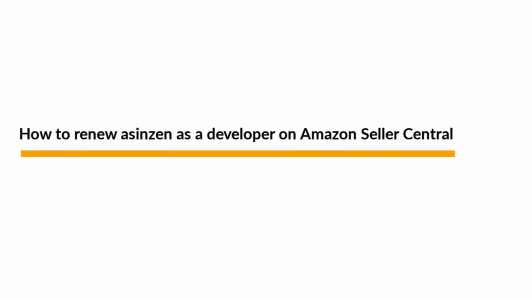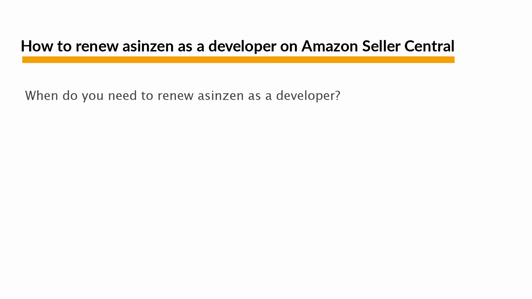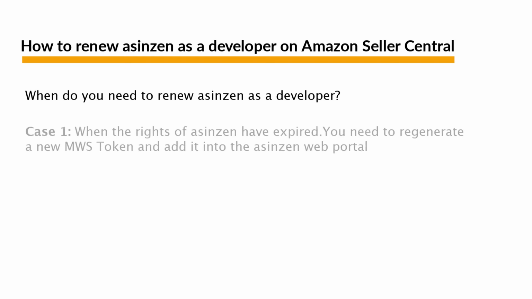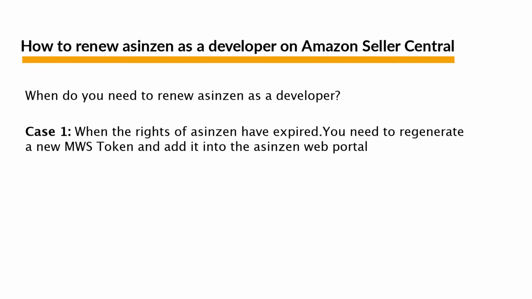In this video, we're going to be looking at how to renew asinzen as a developer on Amazon Seller Central. Before we start, let's look at the cases when you need to renew asinzen as a developer on Amazon Seller Central. The first case is when the rights of asinzen as a developer have expired, in which case you need to regenerate a new MWS token and add it into the asinzen web portal.